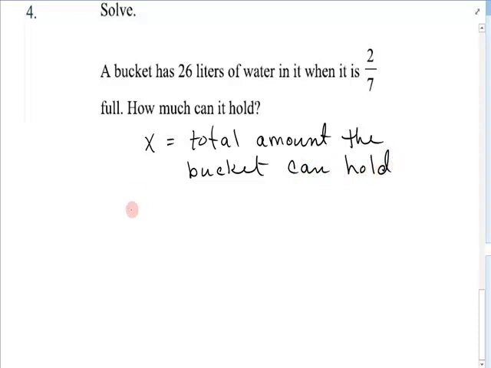So 2/7 of X is 26. I have just restated this. A bucket has 26 liters when it is 2/7 full. So 2/7 of the total is 26 liters.